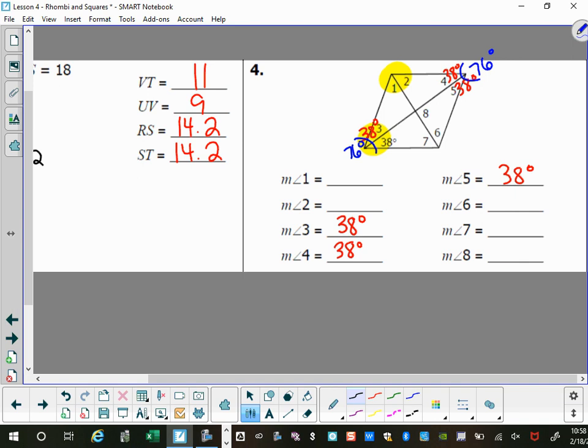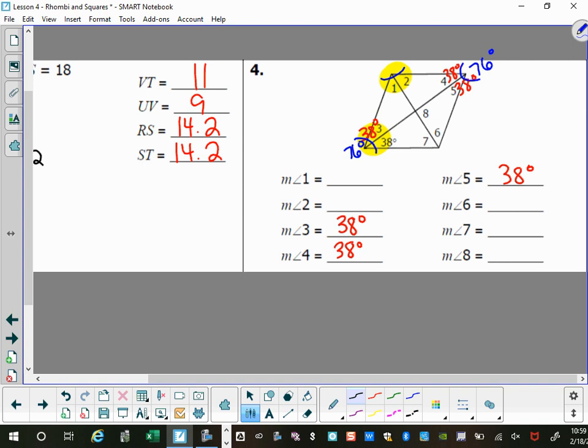Okay. So, same side angles have to equal 180. How can I figure out what these two top angles are going to be together? Mm-hmm. 180 minus 76. Type that in. What do you get?